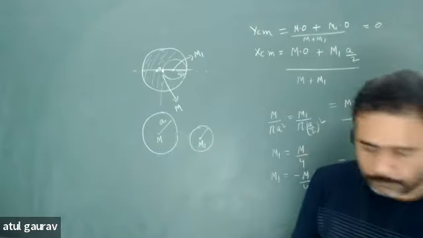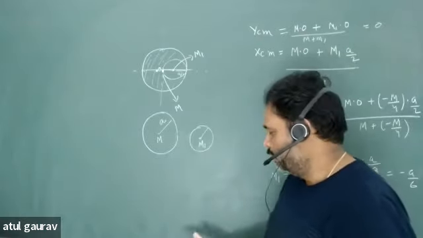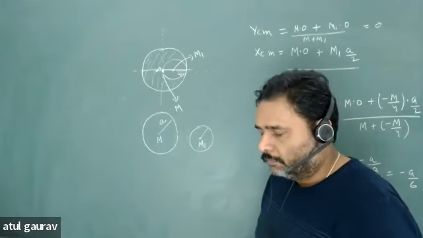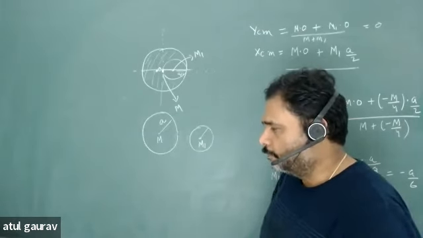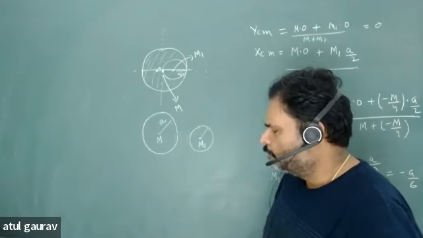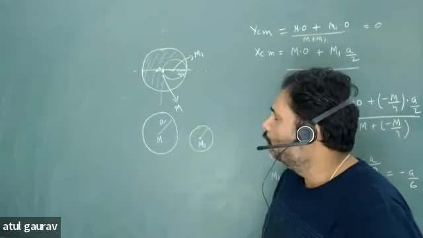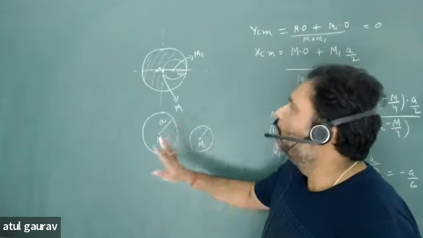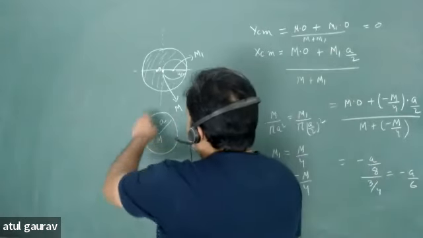Sir, I have one doubt. Yes. Sir, the original disk's center of mass is at the origin, right, sir? Listen. The original disk's center of mass is at the origin.